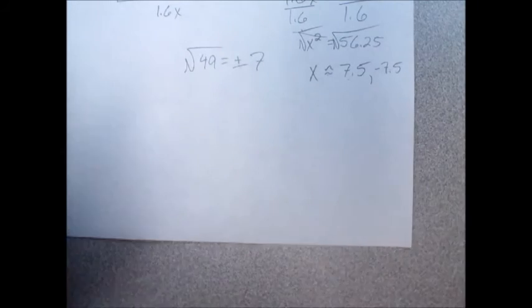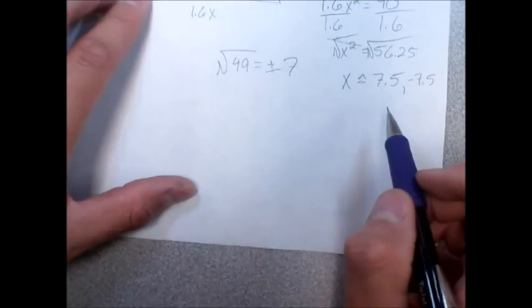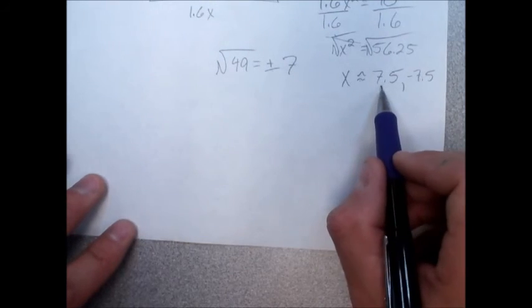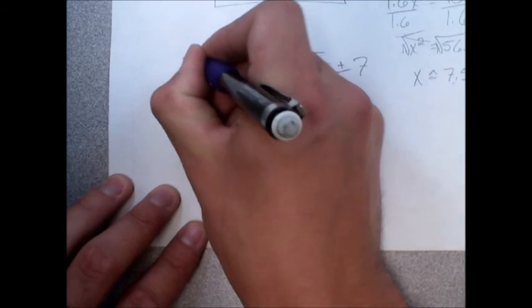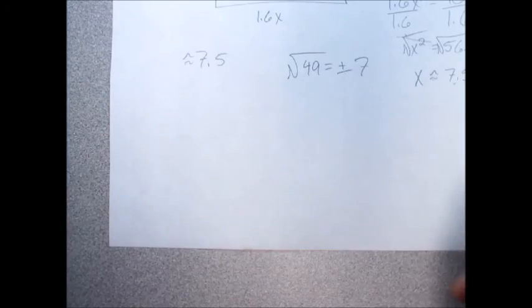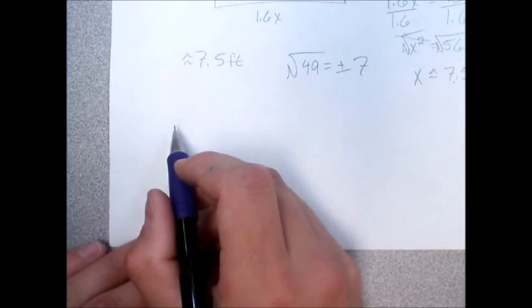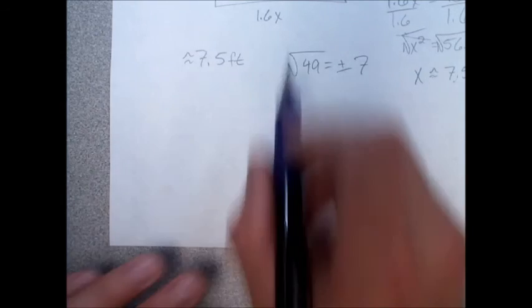And the answer is fairly obvious because we can't have a negative area when we end up multiplying these. We can't have a negative side length. We are going to definitely have to go with that positive one. So the answer is approximately 7.5 what? Feet, right? And that should be the answer for one side.